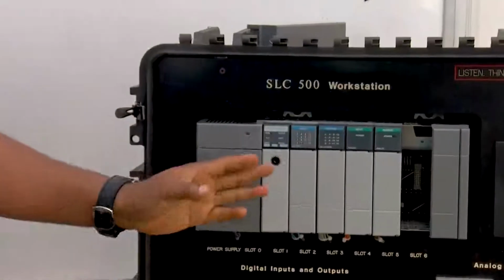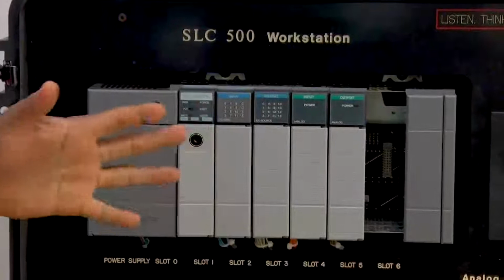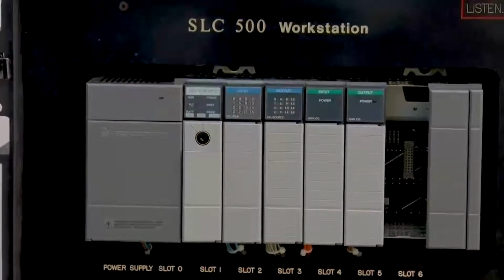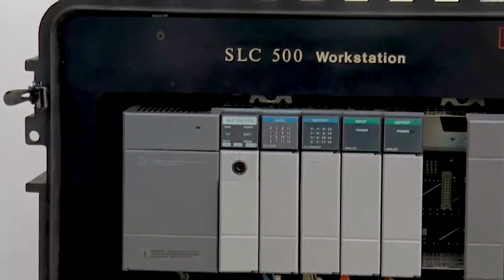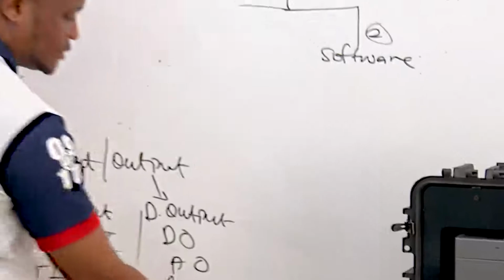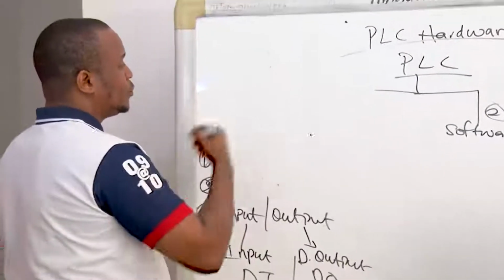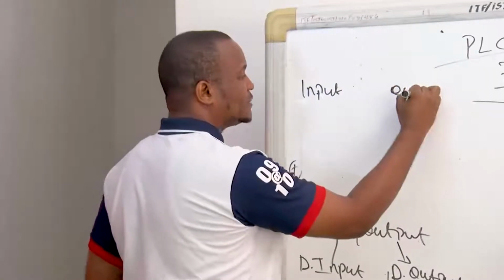So having explained this, we are going to come back to this. We want to now look at what are the devices that constitute the inputs to a PLC. So when we know what are the inputs, we can also decide the output and make the right connections.